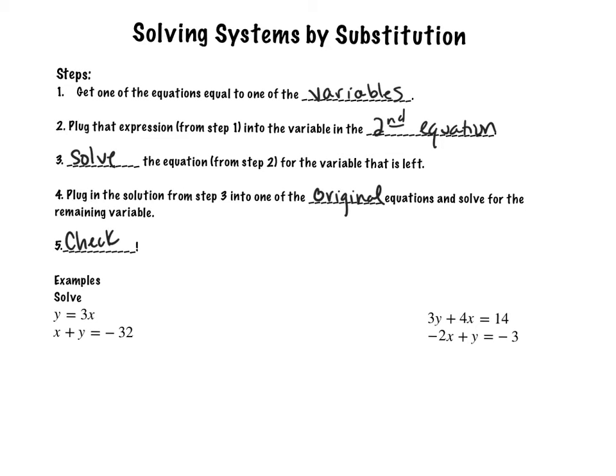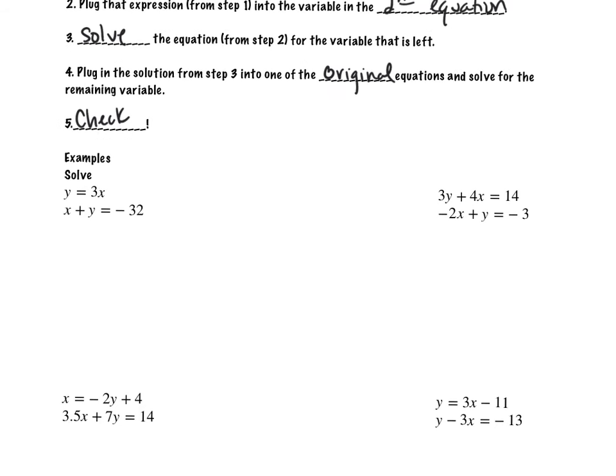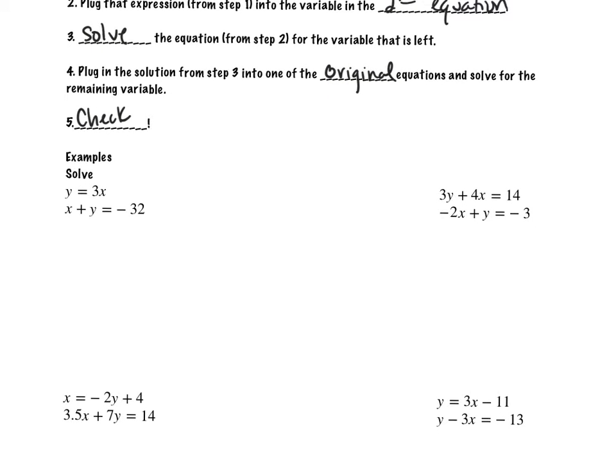So if I look at these examples, I notice that I already have y equals 3x, so step 1's kind of done. Now I want to take this 3x and plug it in for y. Those things are equal, so I can say that x plus 3x equals negative 32. Now I can solve this.